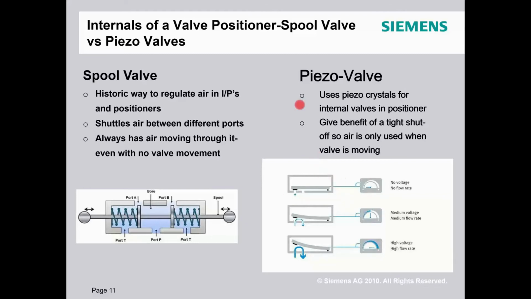Wes is going to cover that a little more in detail a little later on, the benefits of saving air with your valve positioner. It also gives some benefits like being able to do a leak check on the valve and things of that nature.